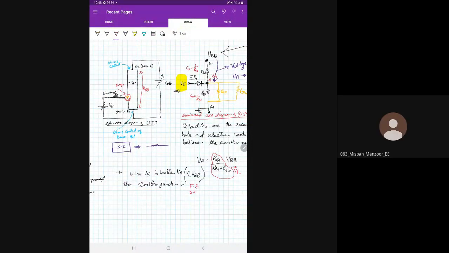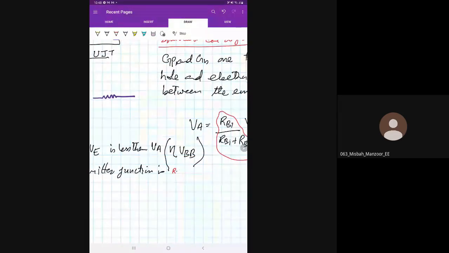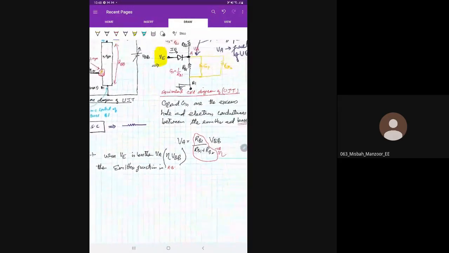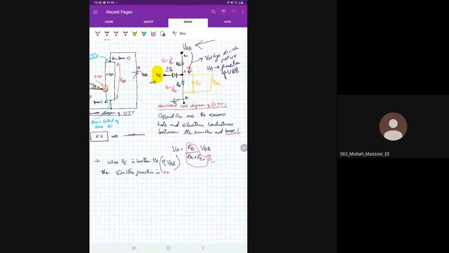Very good. It will be reverse bias. It will not be forward biased. The emitter junction is reverse biased. Why?